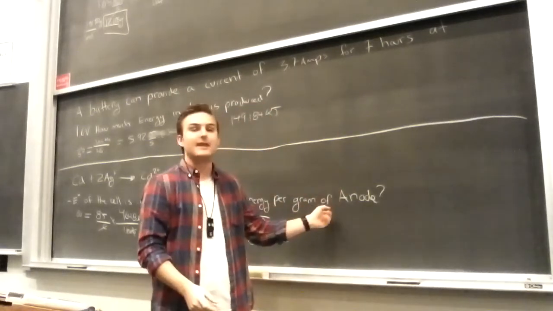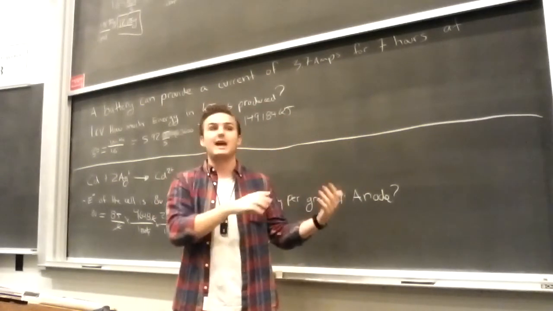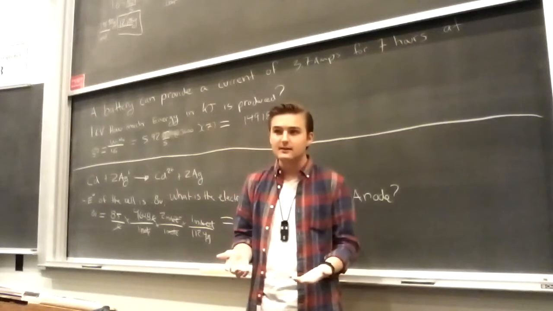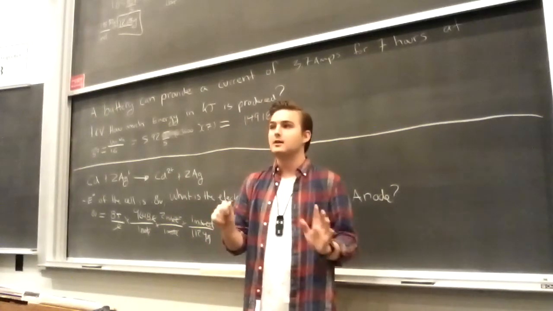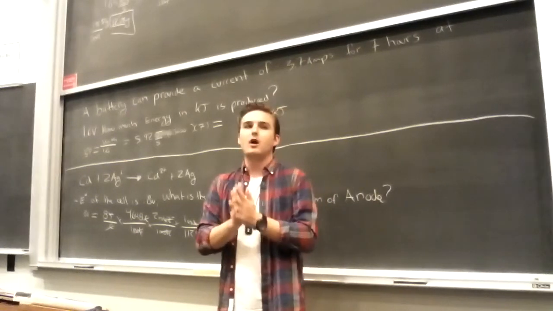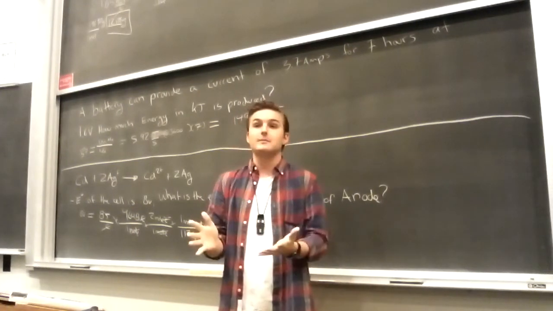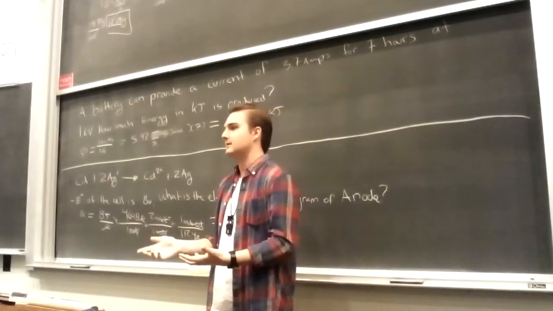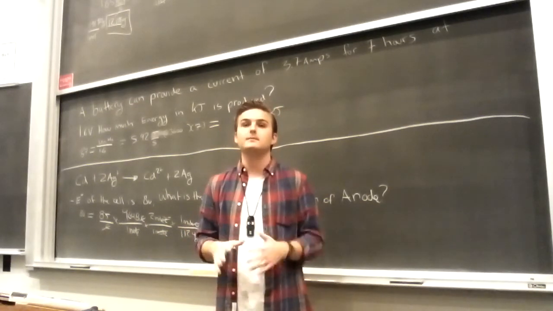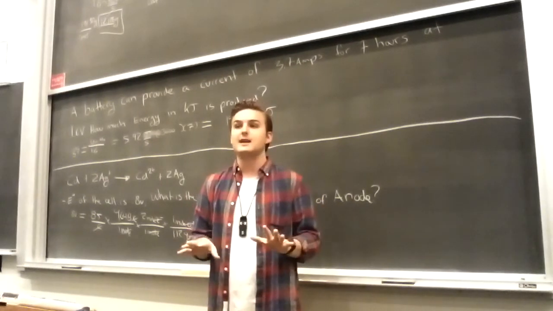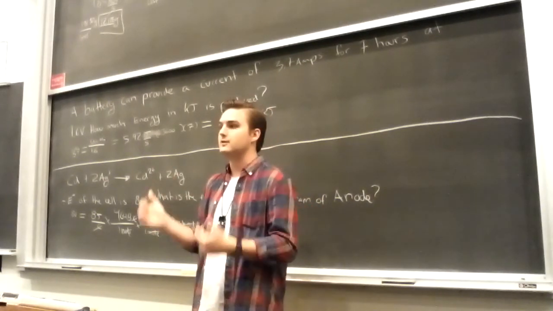Like in this question, they wanted to know grams per anode, right? What are they asking me? And then solve your problem, and at the very end, do what we've talked about before. Put your pencil down and say, okay, what are the mistakes that I usually make on these, or I notice students make? And then make sure you didn't do those. If you can really do that after every problem, you won't do those game day glitches that happen, because I know you guys know how to do these, okay?